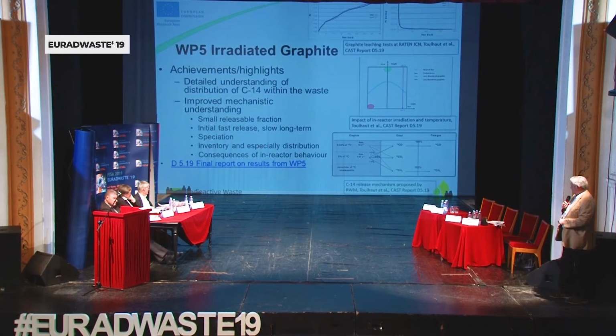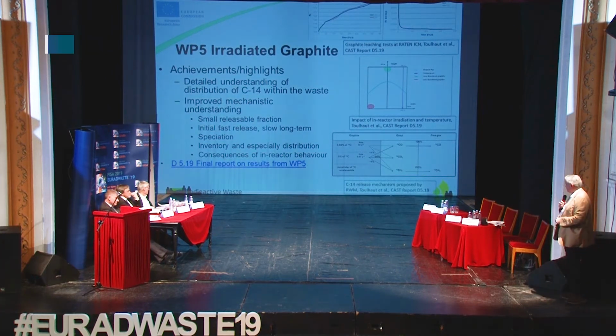And of the carbon-14 that does come off, you observe an initial fast release followed by a long, slow-term release. And this gives you some indication of what you might want to take forward into a safety case, into a performance assessment model.